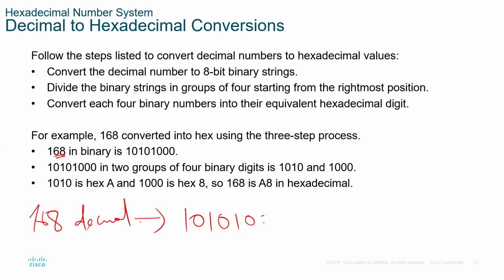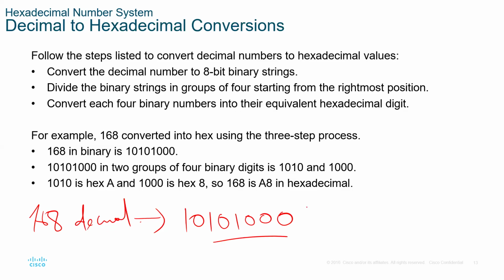168. 0, 0, 1, 2, 3, 4, 5, 6, 7, 8, which is the same as this. I think, yes, it's the same. So this is binary. To convert to hexadecimal, you take the decimal, you convert to binary. Then from binary, you group the binary numbers.